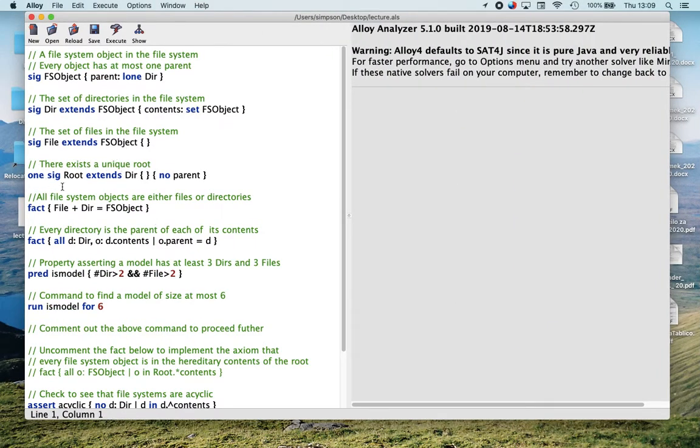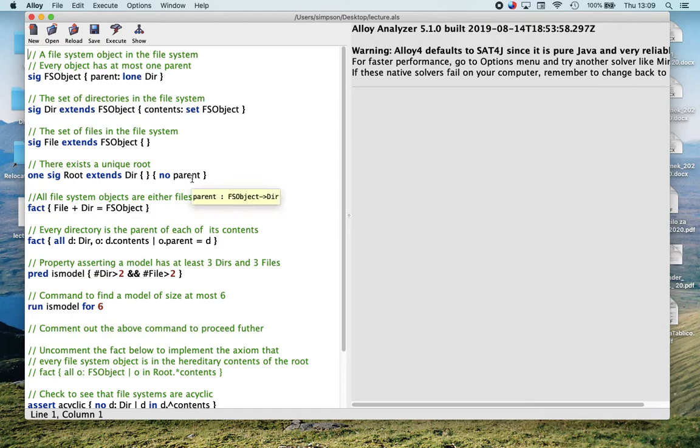Also, we're going to have something called a root. So here we're adding to the signature a root, and this is again a set of things. And this time roots are all directories, but roots have the property that there's exactly one of them, and the root has no parents.